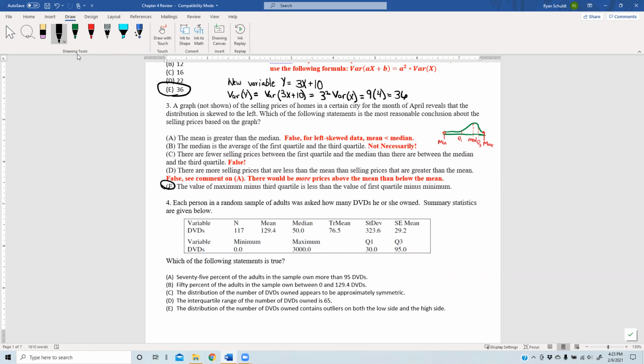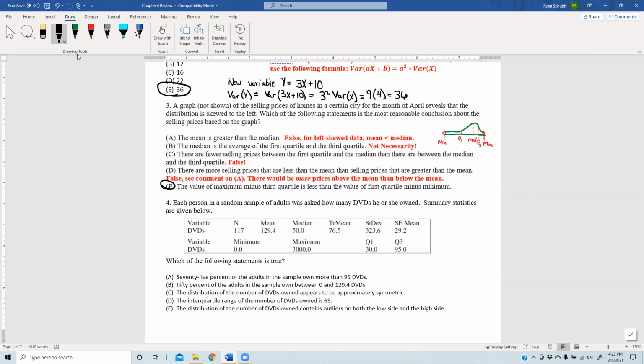Okay, number 4. Each person in a random sample of adults was asked how many DVDs he or she owned. Summary statistics are given below. Which of the following statements is true? Okay, so let's go through each of the statements and see which one is true.